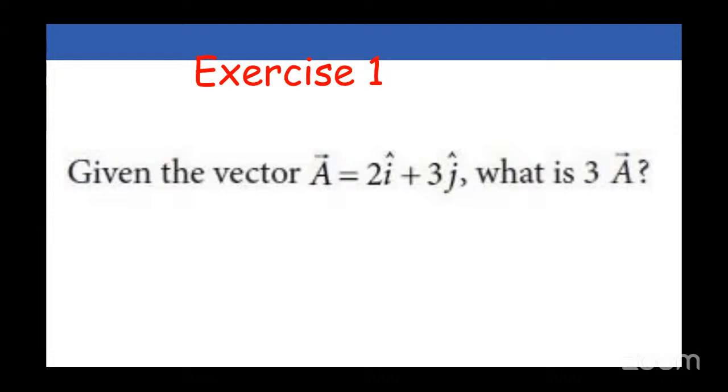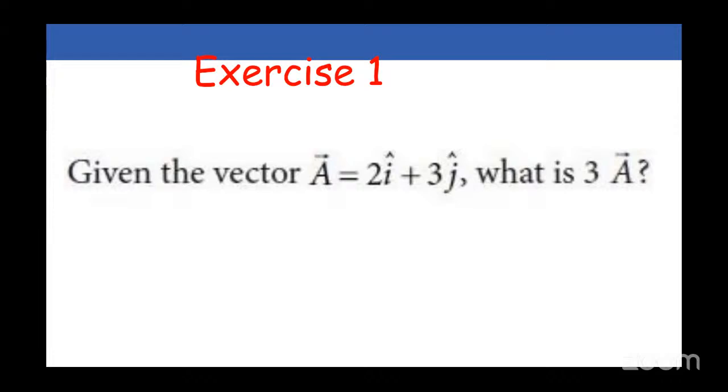A vector can be multiplied by a scalar, and a vector can be multiplied by another vector. So when a scalar multiplies a vector, the final answer will always be a vector. When a vector multiplies a vector, the final outcome could be a scalar or a vector.